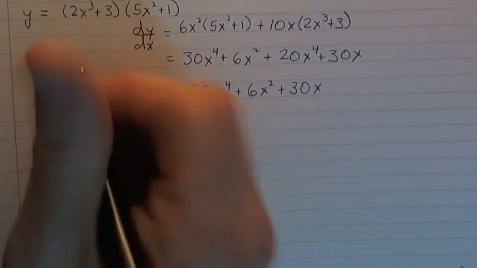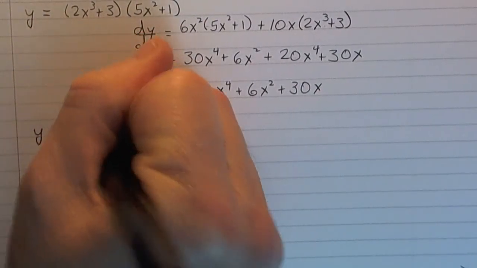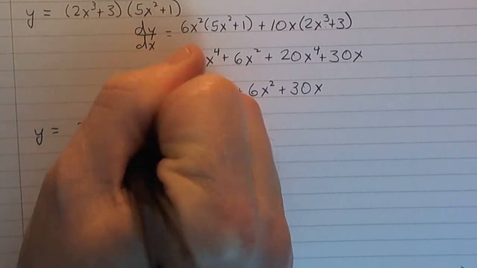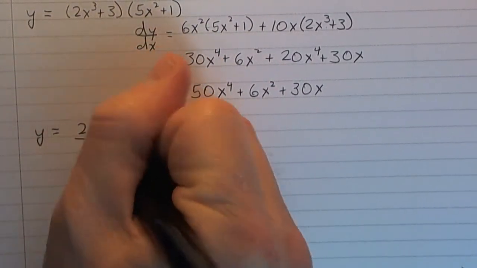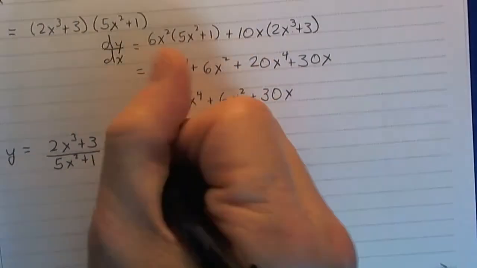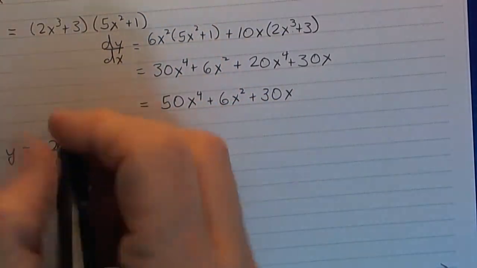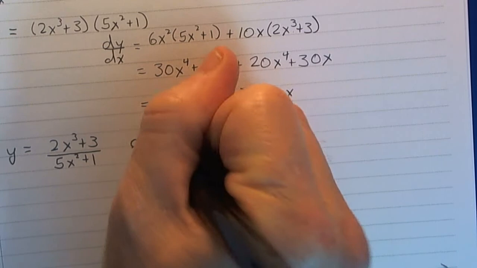Now let's suppose I change that a little bit. Let's suppose that I have 2x cubed plus 3 over 5x squared plus 1. And I want to use the quotient rule. I have to, right? It's a quotient. So I've got dy dx. Here we go.